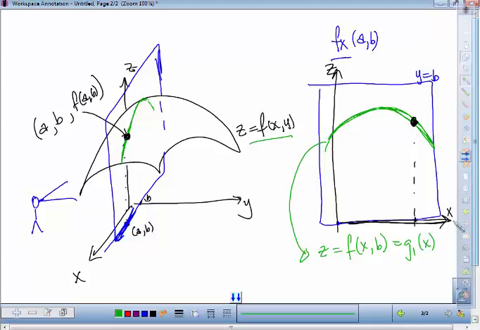So if we look at that as g of x, we can just find the slope by doing g prime and then putting in the value of a. Oh, I should have put a down here. This is x is equal to a, and then there's a point.